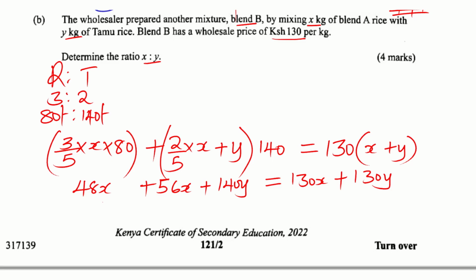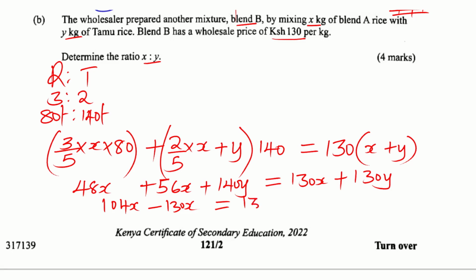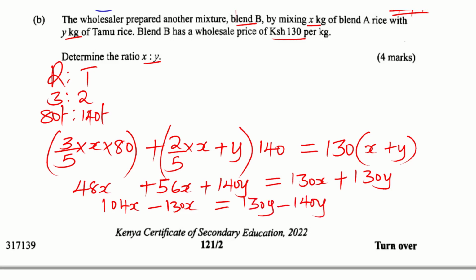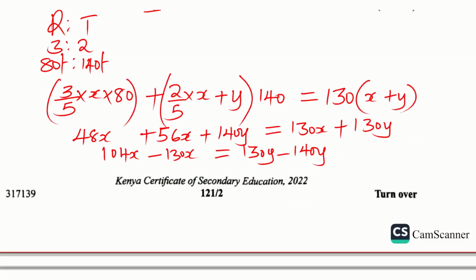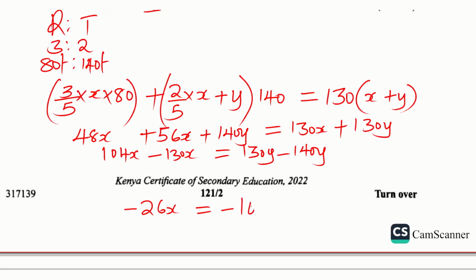So 104X, then you bring 130X this side. Then on the right hand side you take 130Y minus 140Y. So 104 minus 130 will give negative 26X is equal to 130Y minus 140Y, which gives negative 10Y.